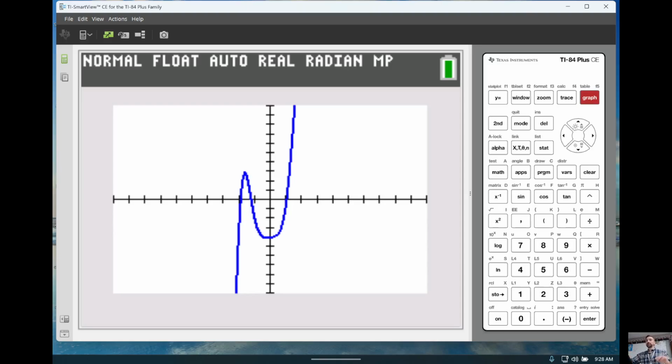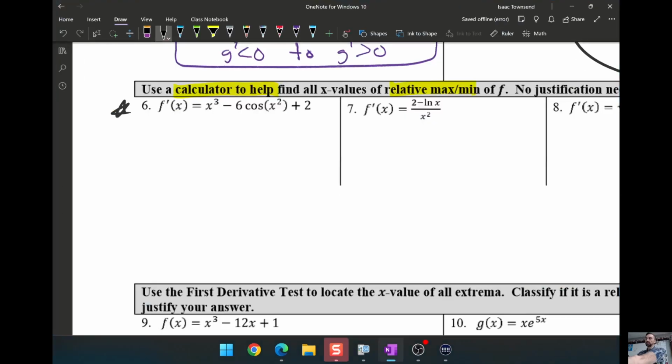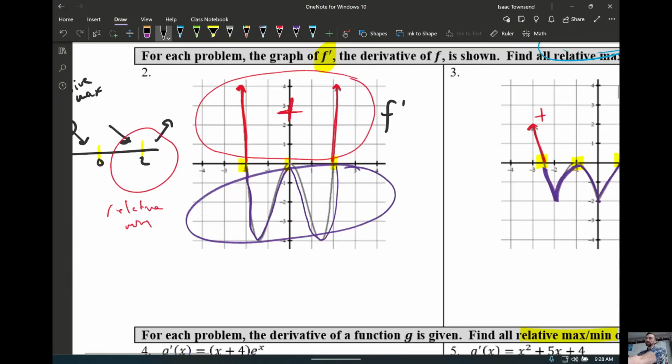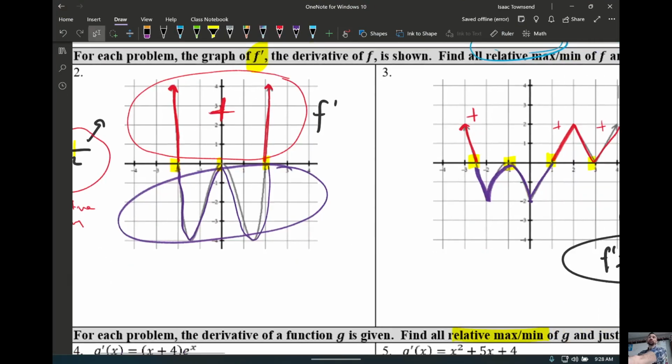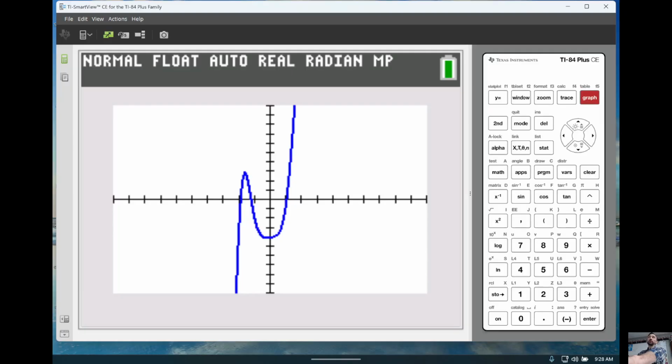But it's really the same thing we did a few minutes ago on questions 2 and 3. It's just that the graph was done for you instead of you making the graph in your calculator. So all of these values above the x-axis are where the first derivative is positive. All the values below the x-axis are where the first derivative is negative.